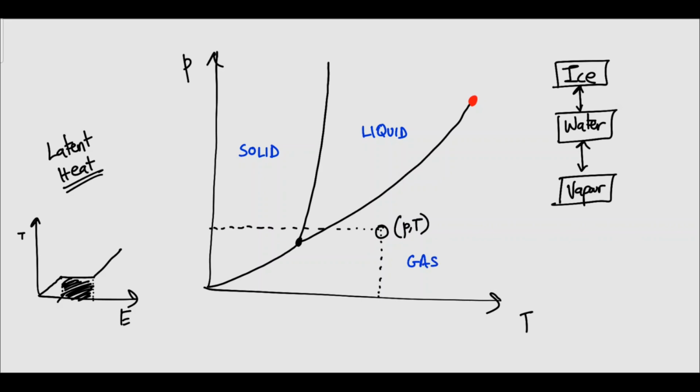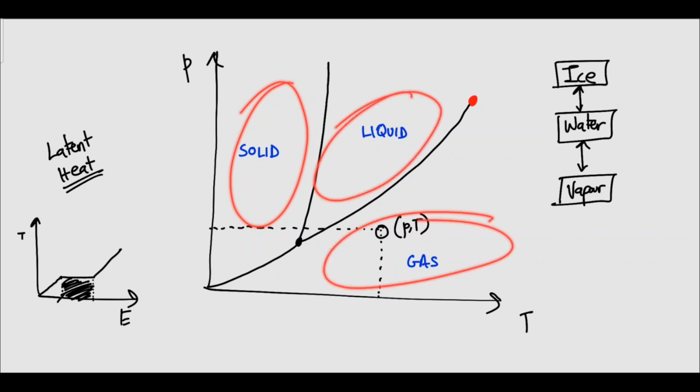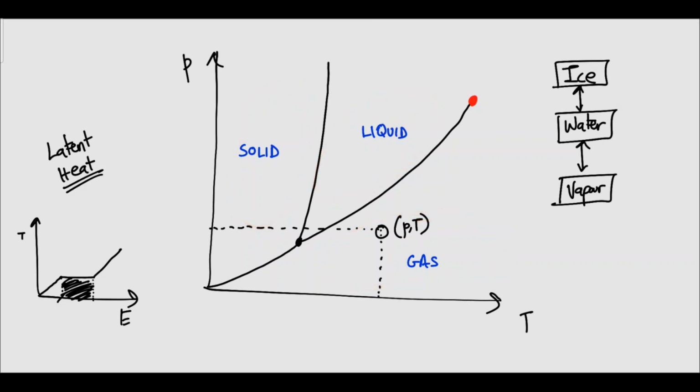So these are the three regions, this one for solid, this one for liquid, and this one for gas, which we can clearly make sense of from the phase diagram. And these are the lines where, as the temperature increases or the pressure changes, gaseous water can become solid, or solid water can become gaseous.